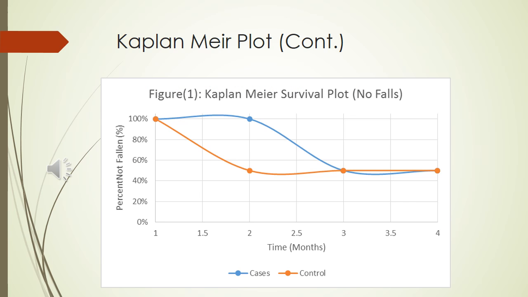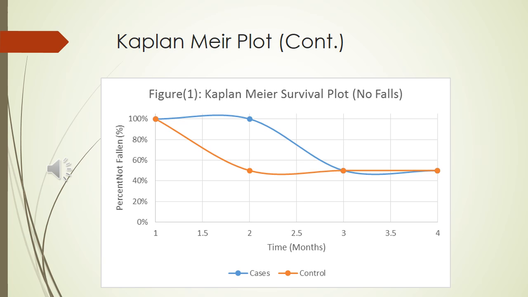Now, using the tables that we were able to create in the previous slide, we can go ahead and graph the Kaplan-Meier plot. Looking at the previous two tables that we generated, we can take the months column and the percentage of not falling column and graph them.